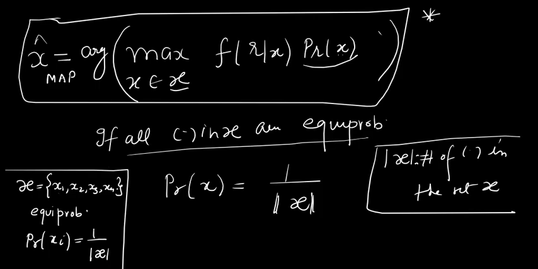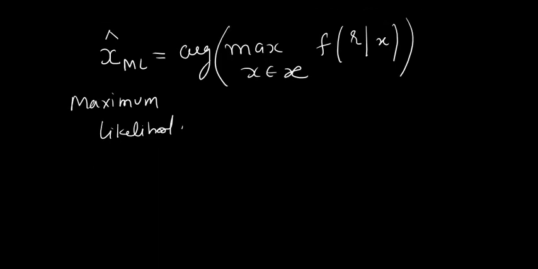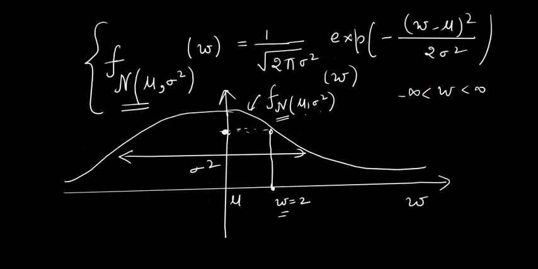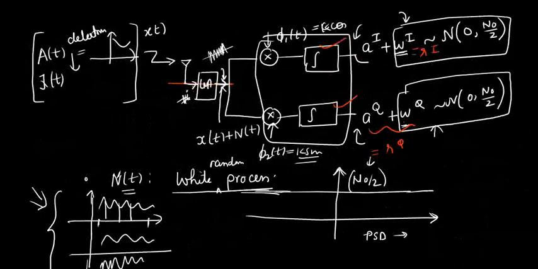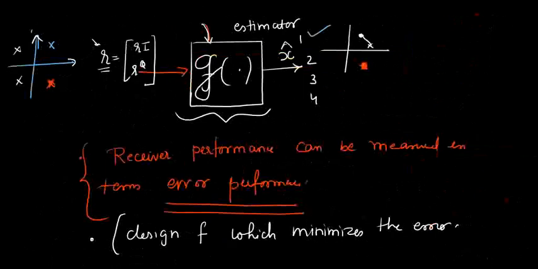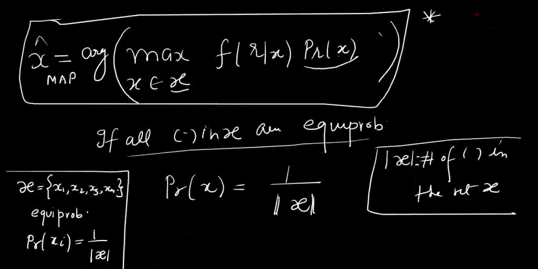Okay, so let's see how you are going to apply this to our example. That is what we have to do, right? As I said, you can have this Ri and Rq and you need to tell what was transmitted. So you have to apply this function.